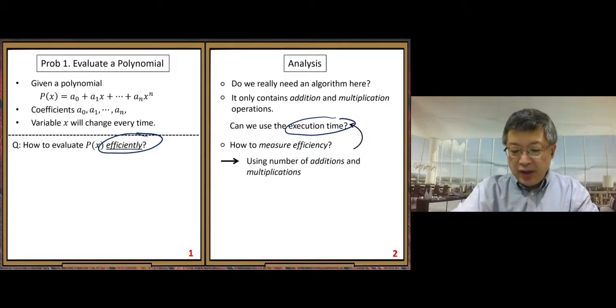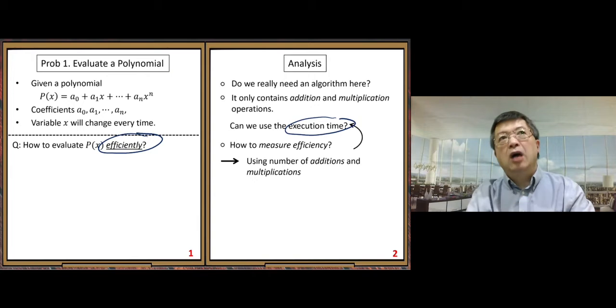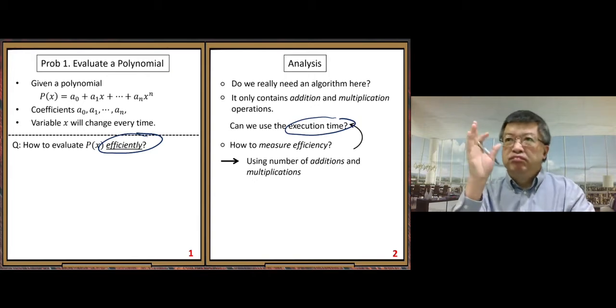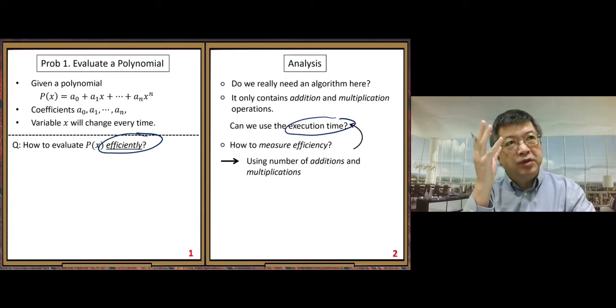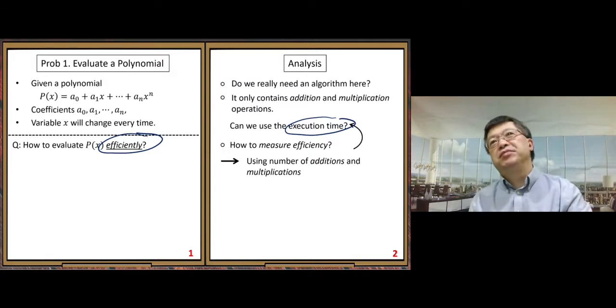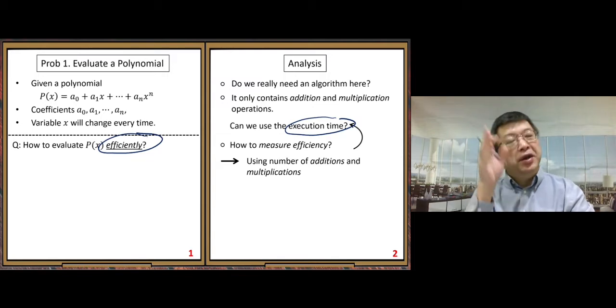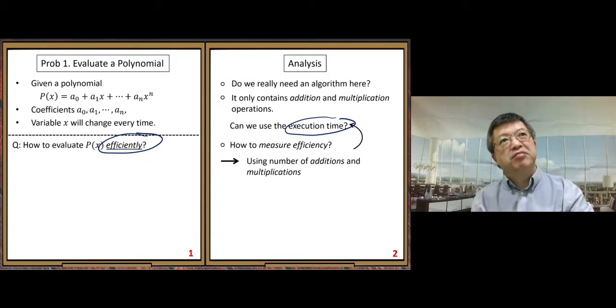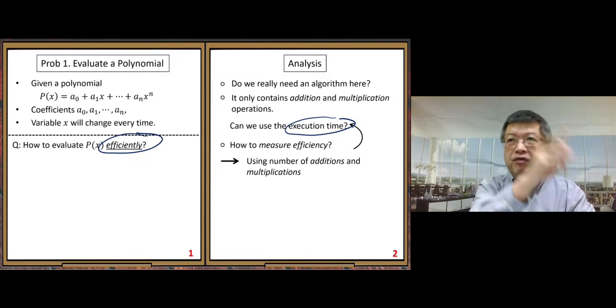To do that, we use another objective quantity to measure: the number of additions and multiplications. That's another idea. We do counting: count how many additions and how many multiplications we need to find the solution.